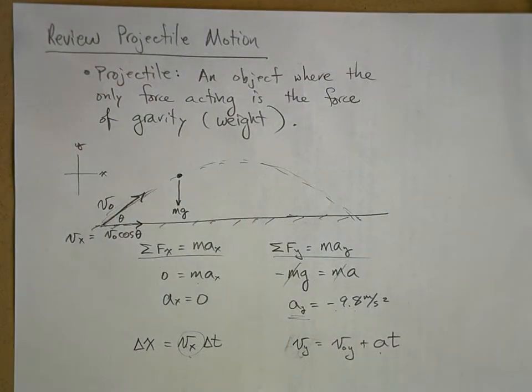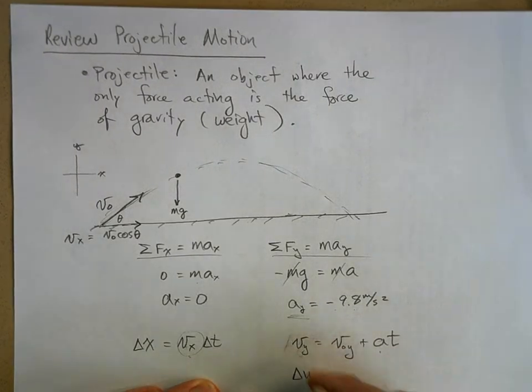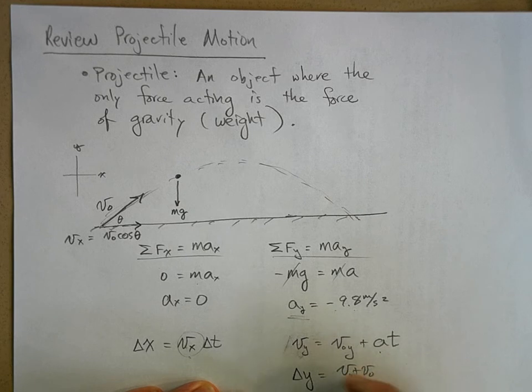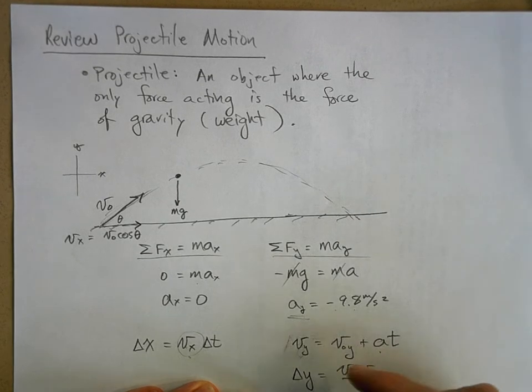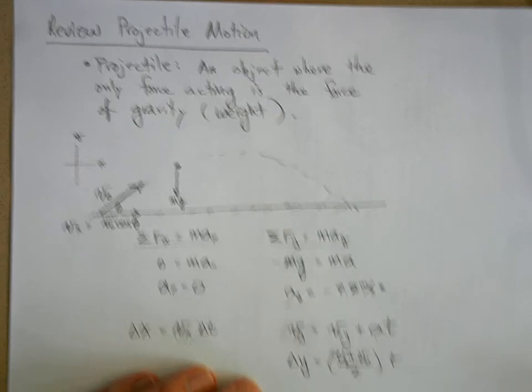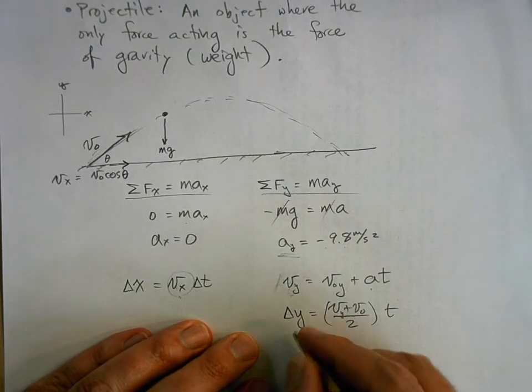You got to put in the negative because it's down. By the way, sometimes a problem or a book will say down is positive, and so then it would be positive 9.8. But I always make down negative and up positive. This is the average velocity in the y direction times time. Let me go on screen here, make sure I'm on screen.